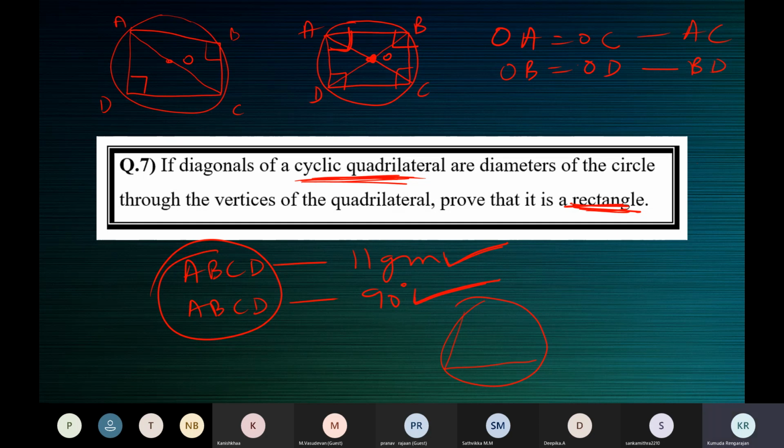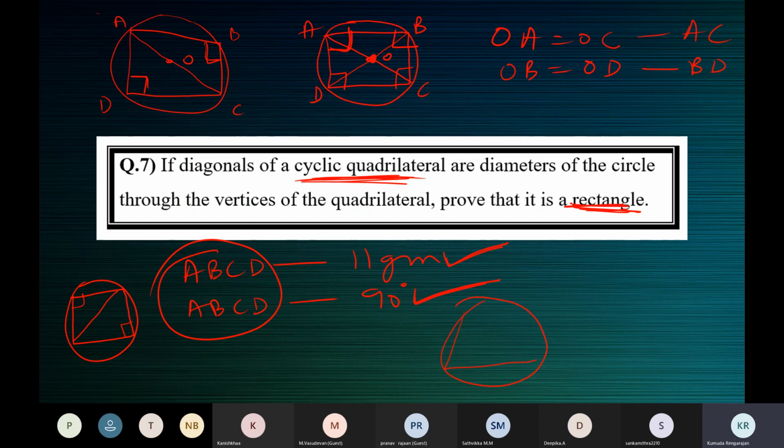You can also use this theorem, angle in a semicircle is a right angle, and show separate figures like this. So you connect AC and say this one and this one is 90. Then you connect BD and say that this is 90, this is 90. So like this, all the four angles are 90 degrees.